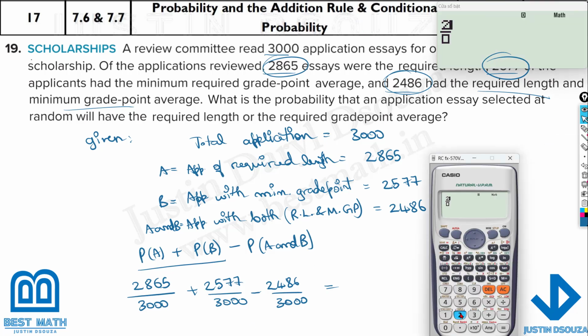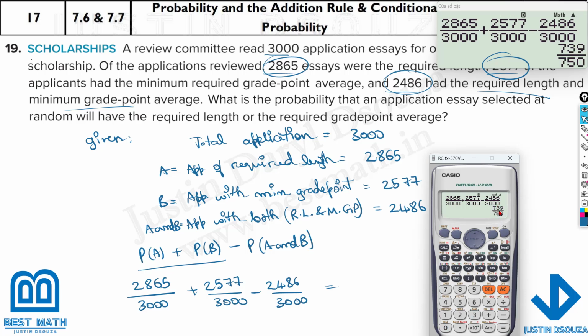Here we have to put 2,865 divided by 3,000 plus 2,577 by 3,000, minus the common terms, 2,486 by 3,000. So that's the answer. It is 739 by 750. You can write it in fraction.